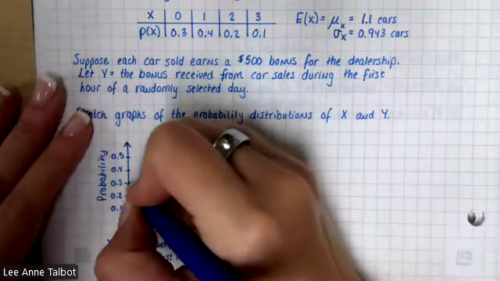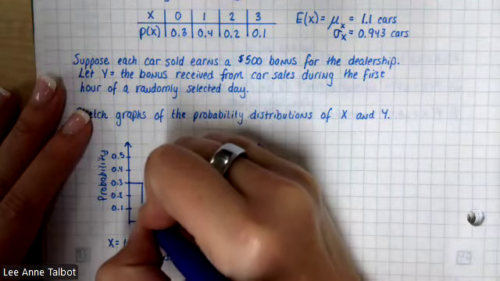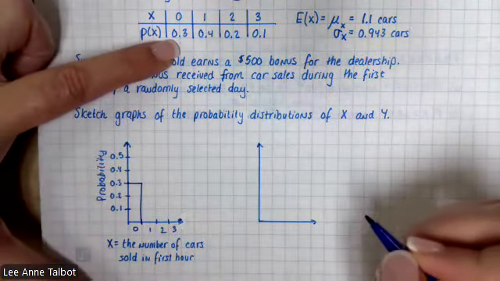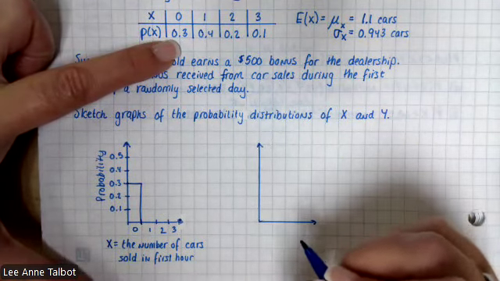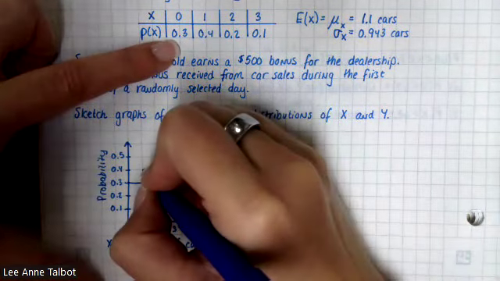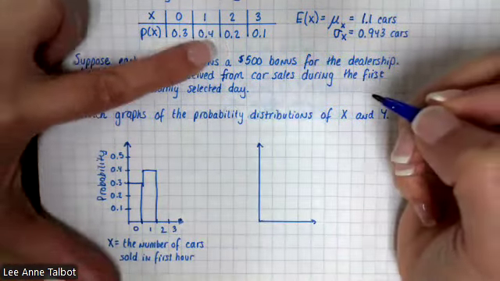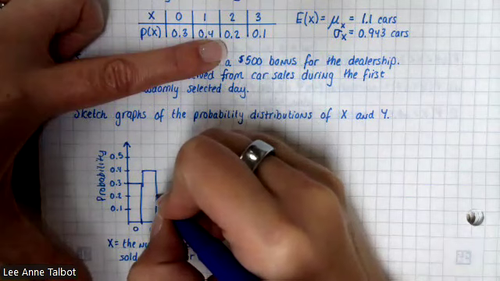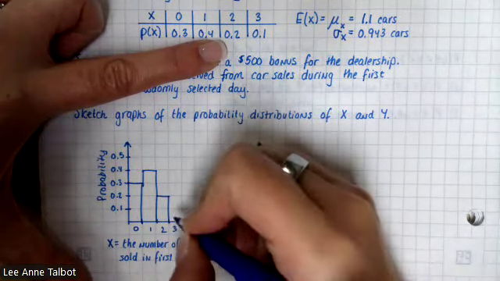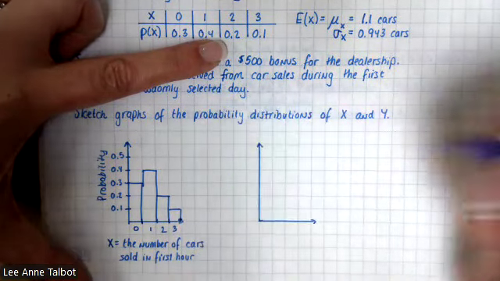Okay, so this was 0.3, 30% chance of selling nothing. 40% chance of selling one car. 20% chance of selling 2 cars. 10% chance of selling 3 cars.